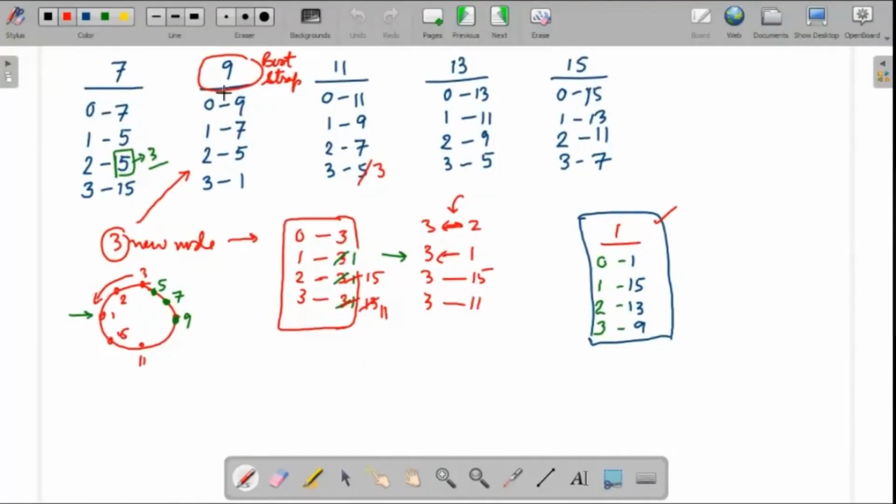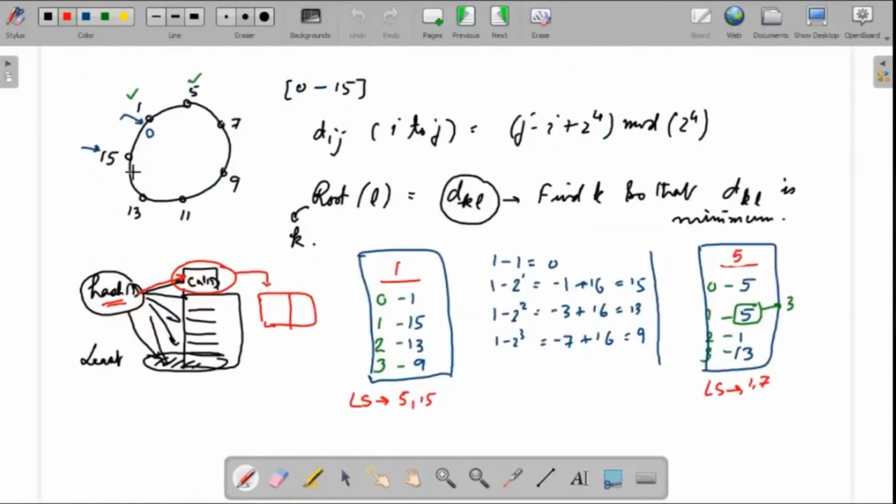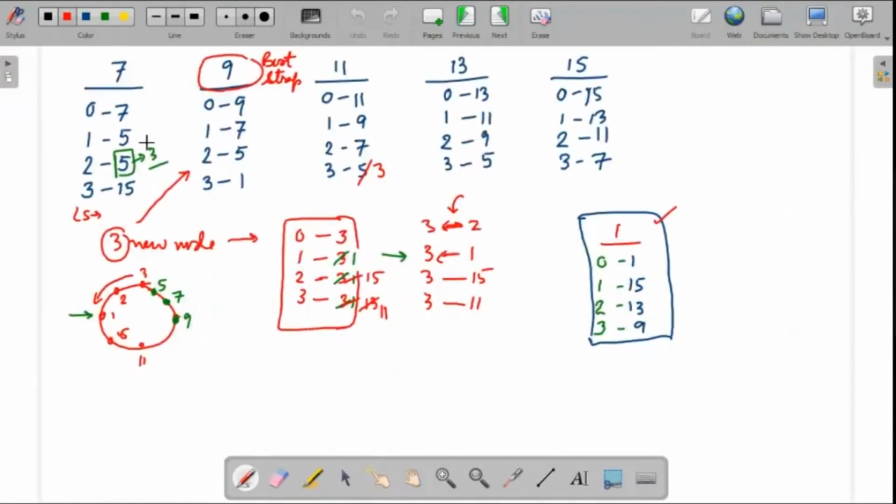Going to the next one, this leaf set will be maintaining, looking at the diagram, 5 and 9. 7 and 11. This leaf set will contain 9 and 13. This leaf set will contain 11 and 15. This leaf set will contain 13 and 1.